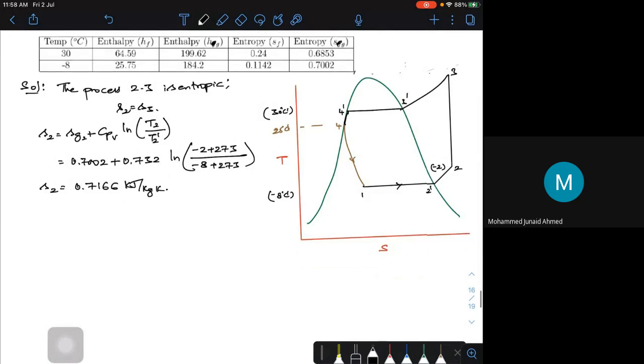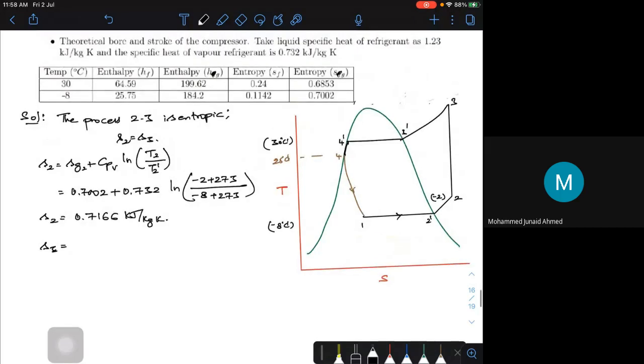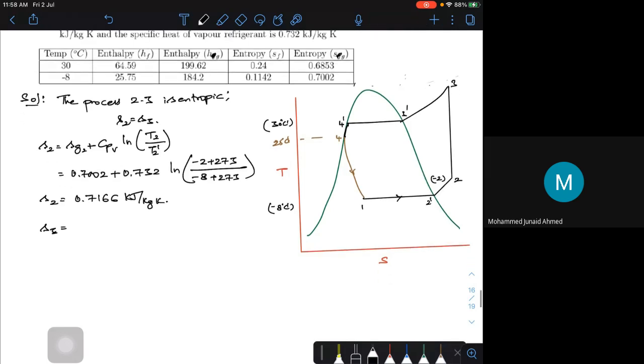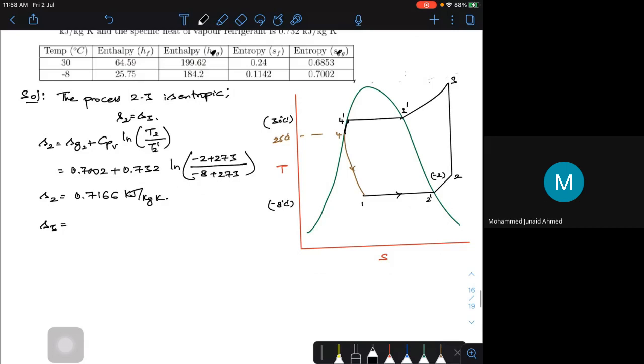Now what is S3? S3 is equal to the entropy at this particular point, S3 dash, plus Cp of vapor into ln of T3 divided by T3 dash. But I don't know the value of T3. T3 I need to find here.